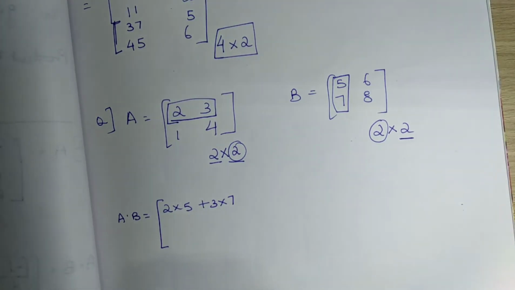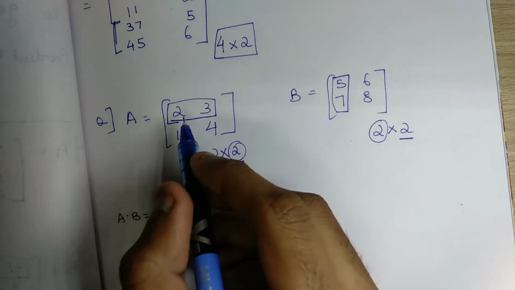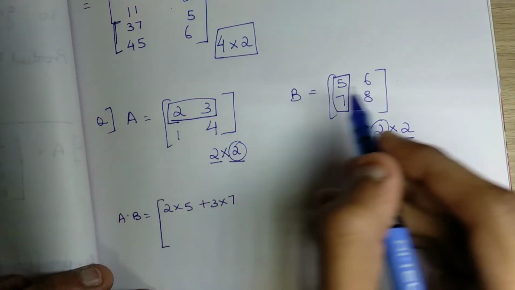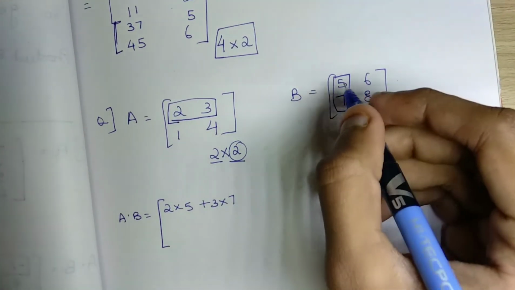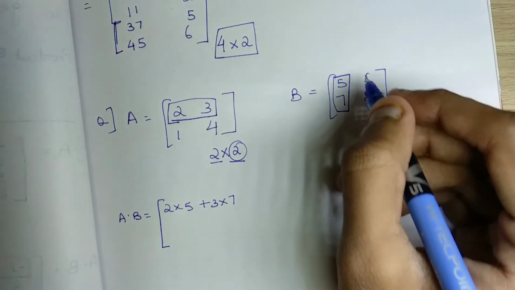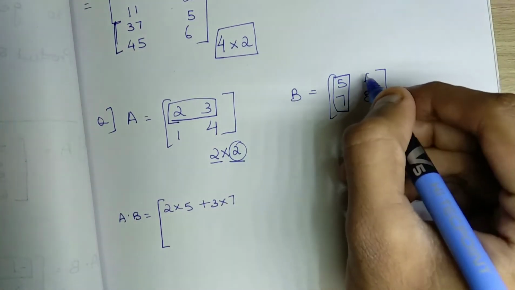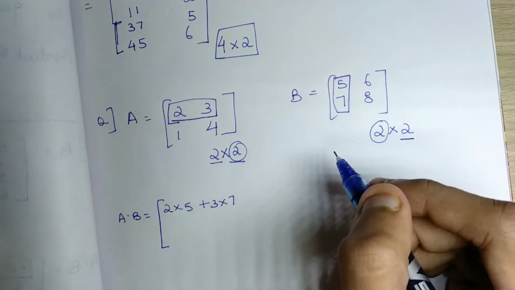And similarly, we multiply elements along the first row of matrix A with corresponding elements down the second column of matrix B.